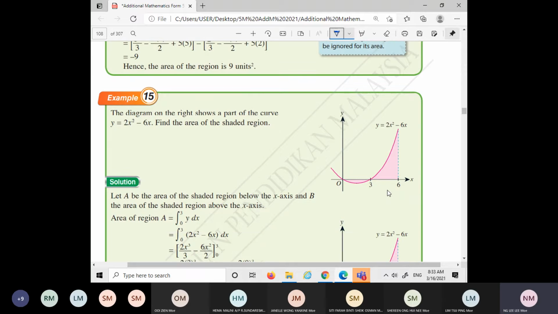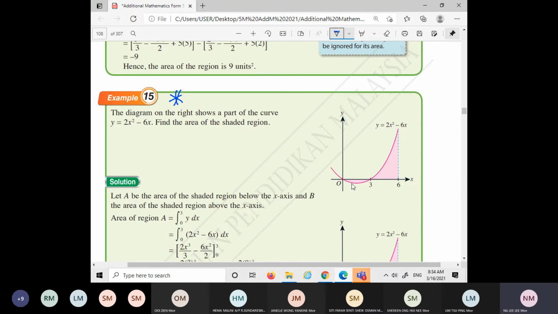It combines a region that is above the x-axis and also a region that is below the x-axis. So this example is very important. Maybe you want to copy it in your books also. The diagram on the right shows part of a curve. Find the area of the shaded region.